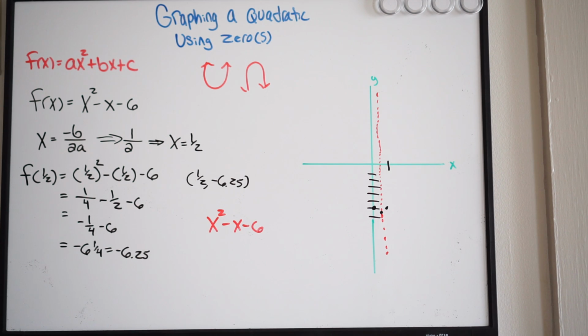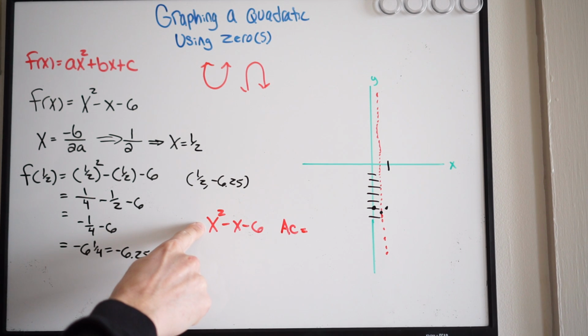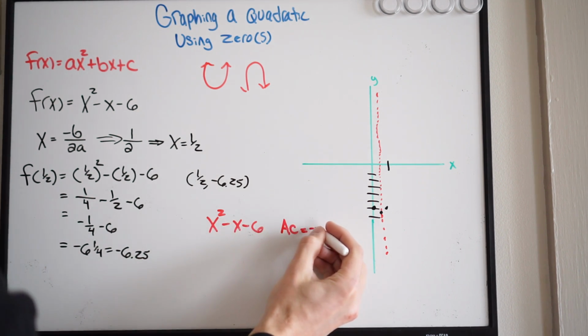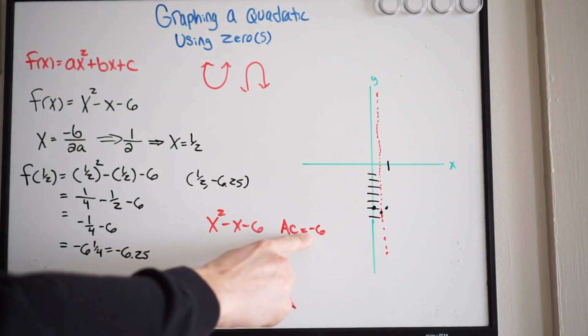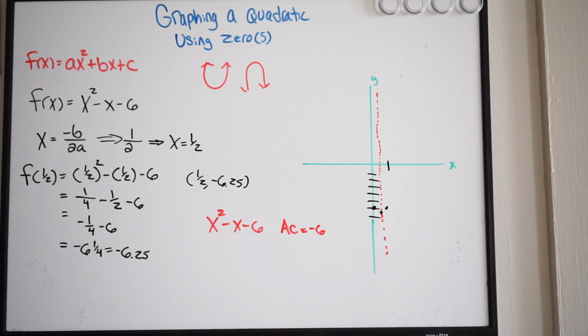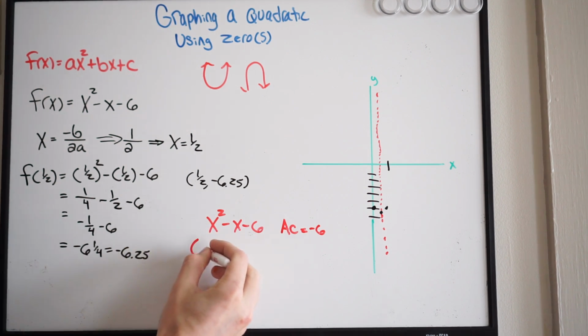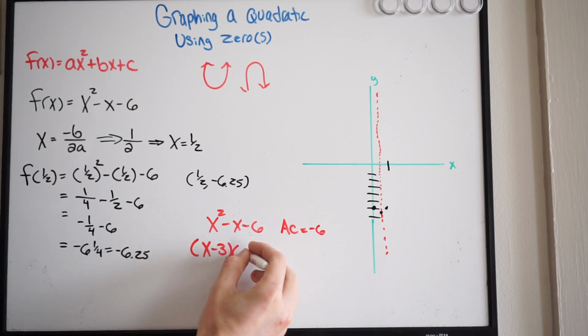So if you have not seen those, I suggest you go and take a look so you know how to factor the way we're about to do it. So the AC method, we simply just do A times C. In this case, it's going to be 1 times negative 6, so that's a negative 6. And then we say to ourselves, what two numbers when we multiply will be negative 6, but add up to negative 3.